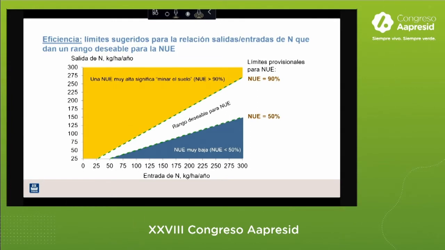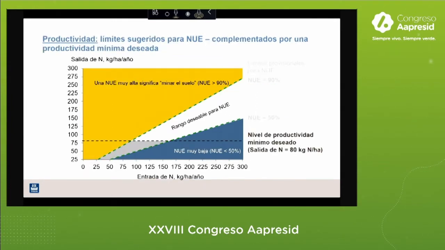But as I have said before, there are more dimensions, and one is, of course, the productivity. And in this graph, we can also draw a line, and that's the horizontal line that you can see here, that shows the productivity level. So, for example, for a certain crop, we know that the yield should be, let's say, at 10 tons per hectare or 5 tons, and this can be converted into a nitrogen yield.